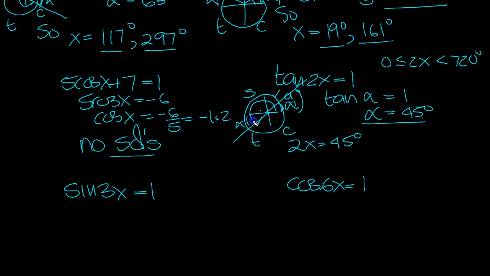The next one is round to here. 180 plus 45 is 225 degrees. Then the next one, because we're going around twice, is round to here, which is 360 plus 45, 405. And then the last one, we go round once, and then we go right around to 540 plus 45, which is 585.